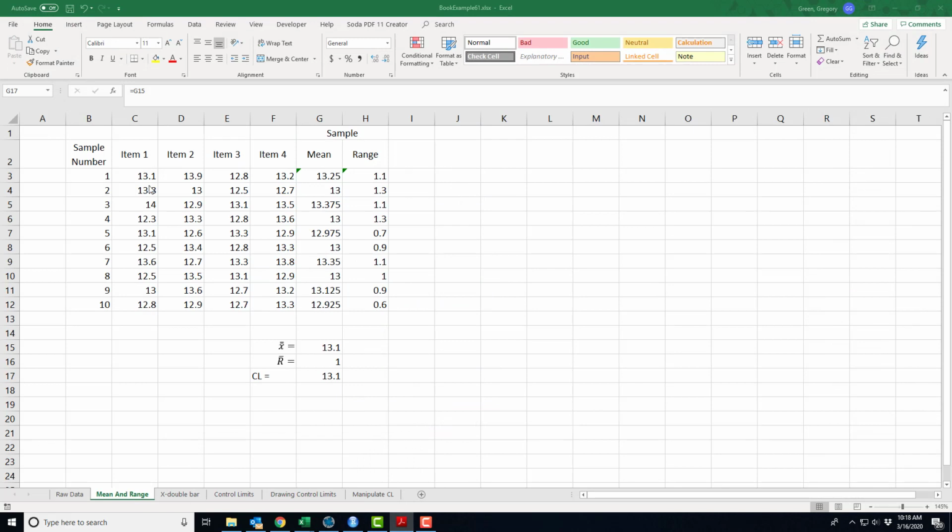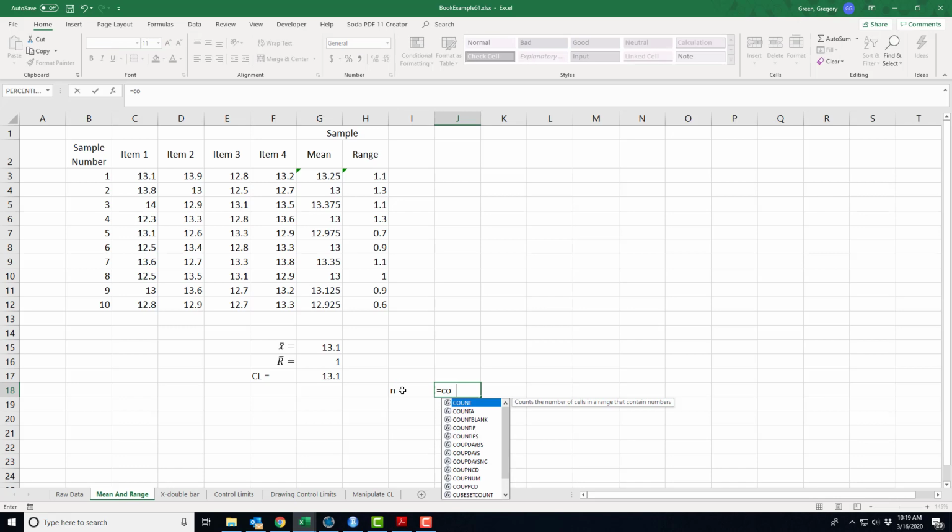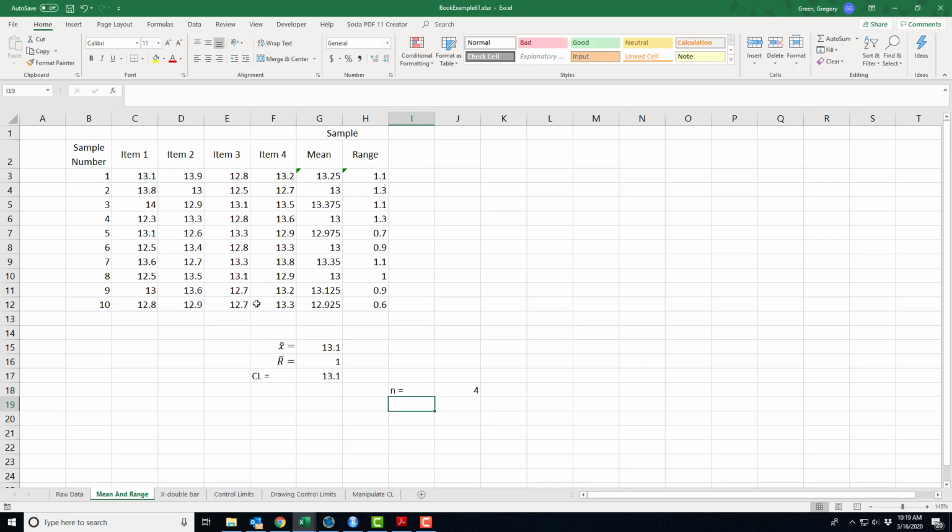So I'm going to go in and say, well, what's the size of each sample? And obviously, I could just count, but I'm going to use the function count and just have it say that there are 4 elements in each sample. So now I go to table 6.1. You should be on page 230.